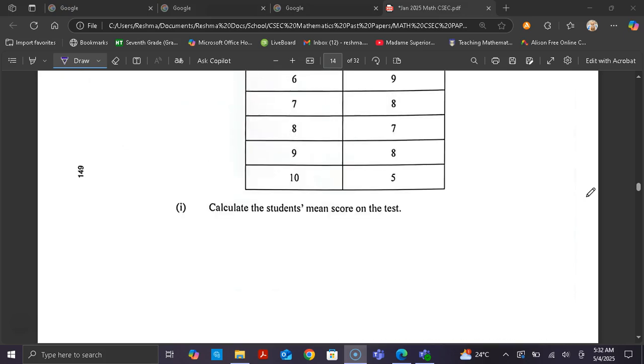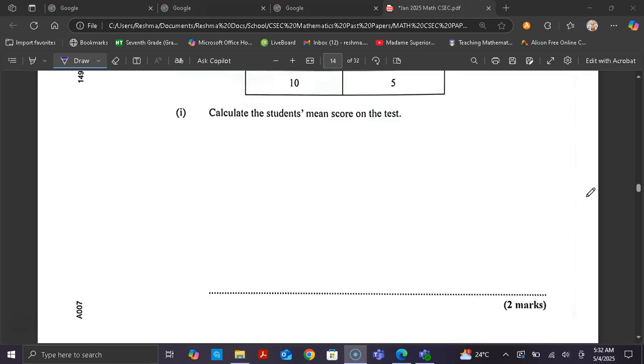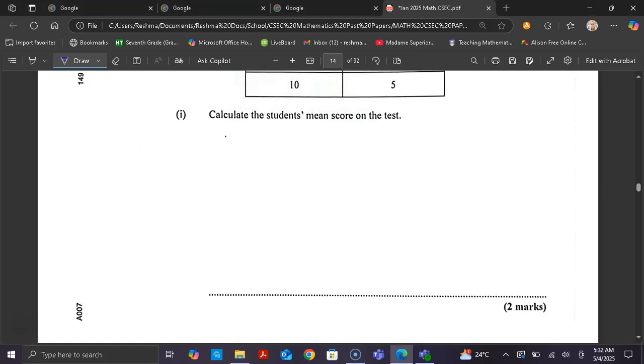So when you have what is called a frequency distribution like this, to calculate the mean score, I'm going to use this symbol x bar, which stands for mean. Then the mean is sigma fx over sigma f.